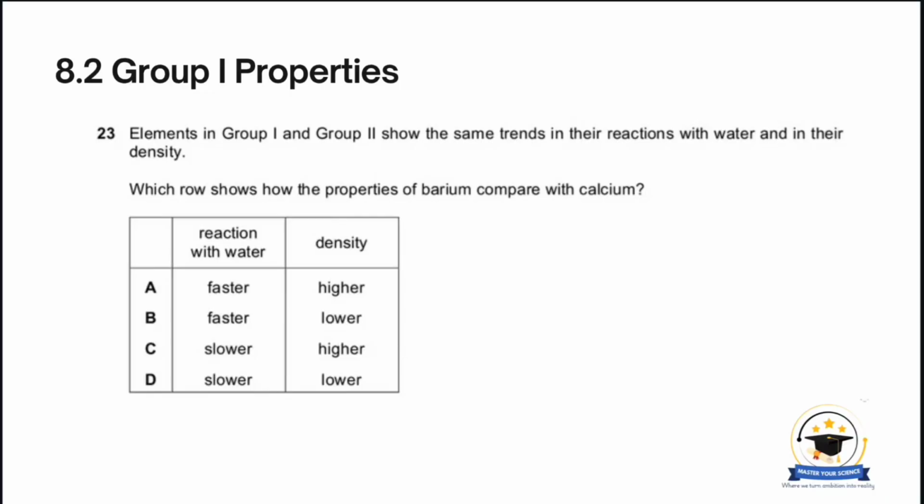So reactivity increases as you go down the group. So that means the reaction should be faster. So that makes C and D incorrect. And then we know that the density increases as we go down the group, so the density will be higher as well, so that makes A the correct answer.